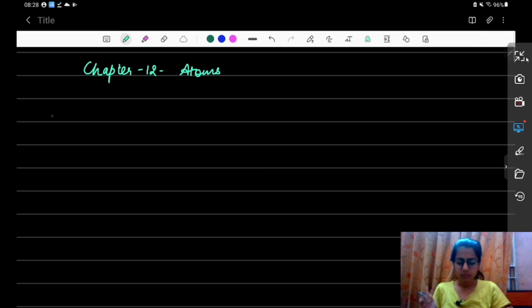So the plum pudding model totally failed because it was not possible. When Rutherford discovered his theory, we came to know that the theory given by Thomson is not true.